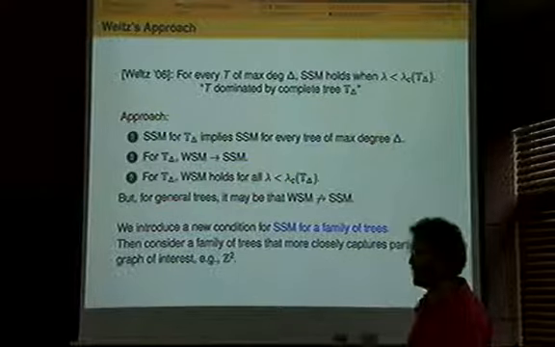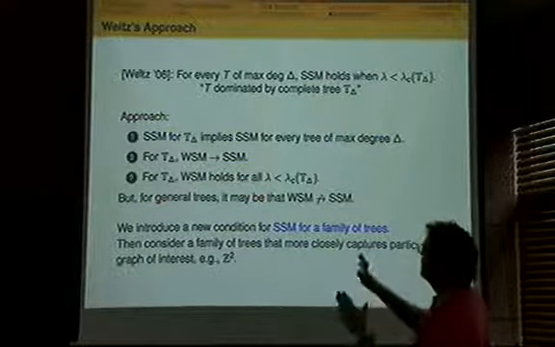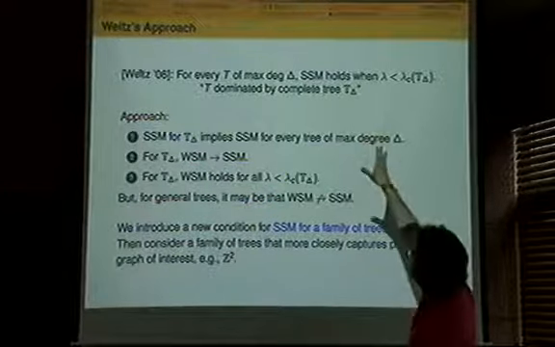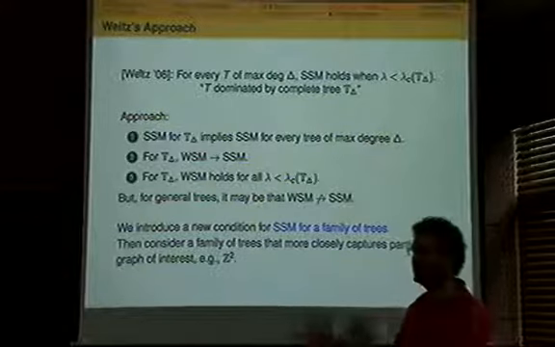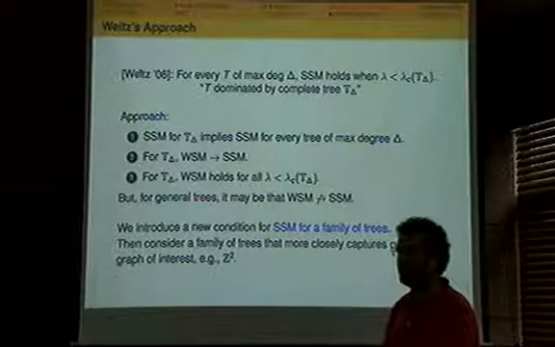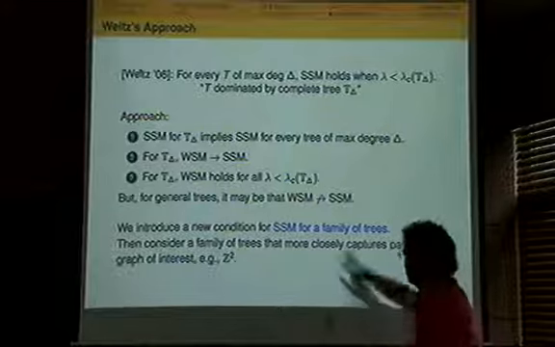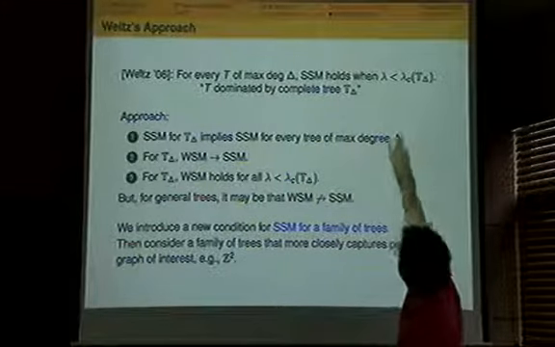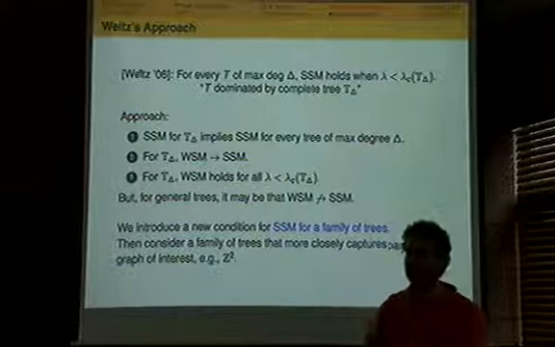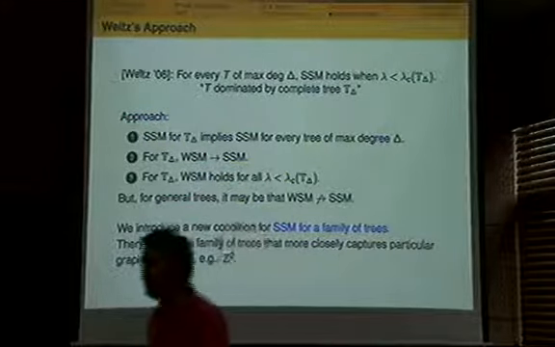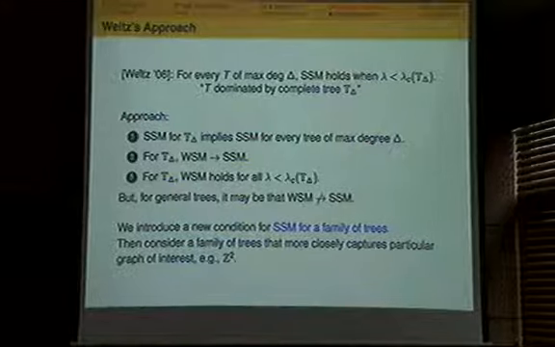So we want to look at that family of trees, and we want to get something better. He's getting a result which holds for all trees of max degree delta. We want to take this family of trees and prove something better for this family about when these correlations hold. So we want to show for lambda bigger than that we still have strong spatial mixing on this family of trees that come about from Z2. Okay?